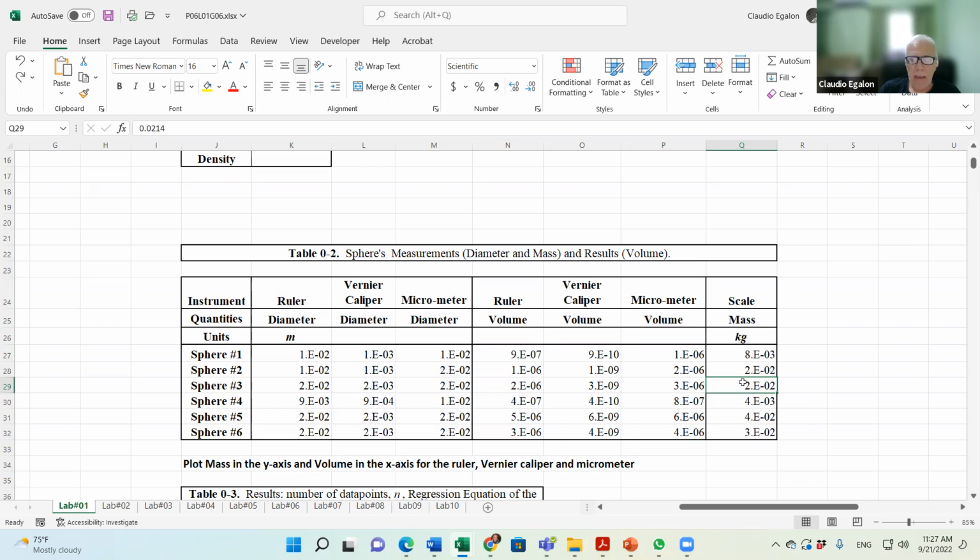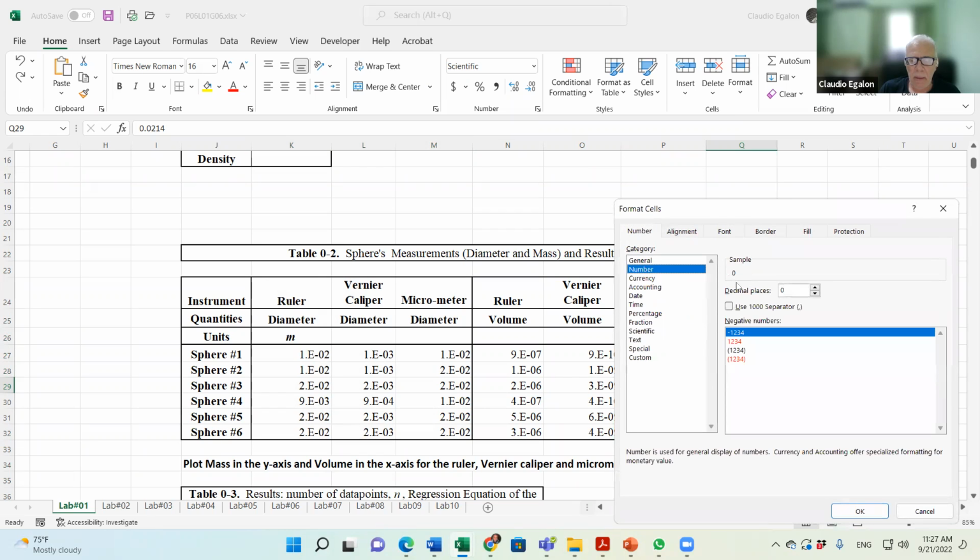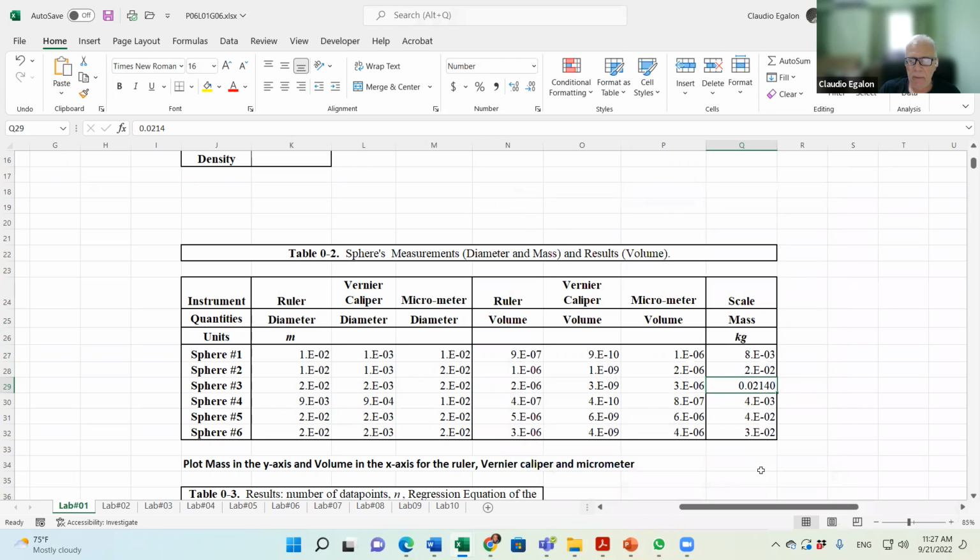In this specific case, it's going to be like that for this specific measurement. Don't forget the unit here is kilogram. Don't forget to put the units here.